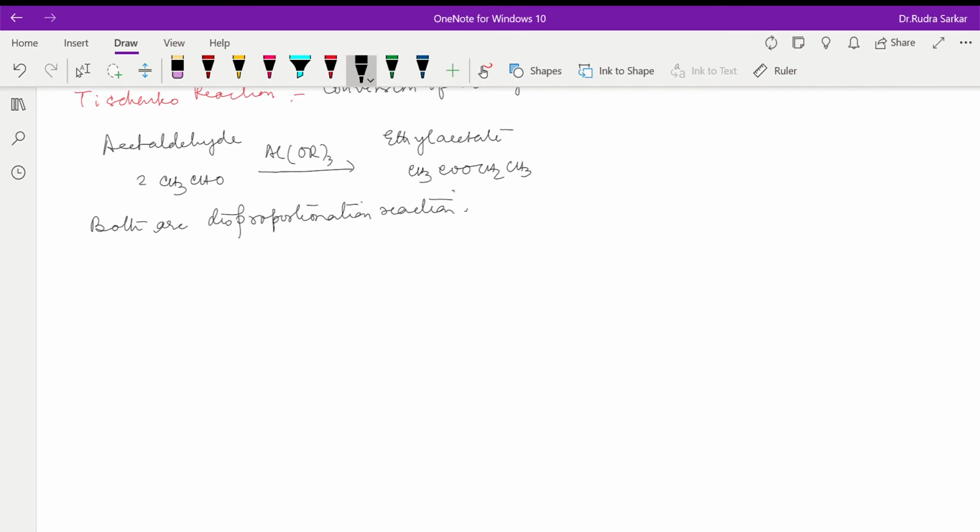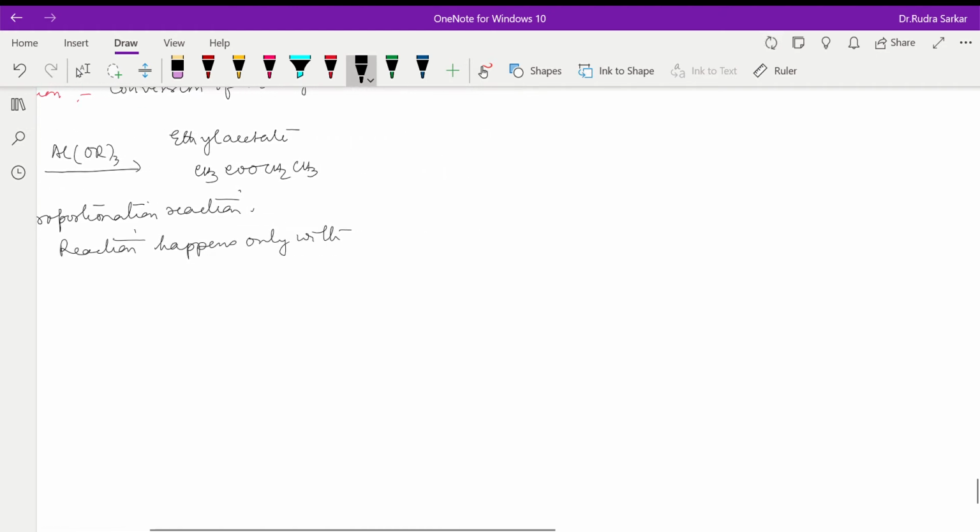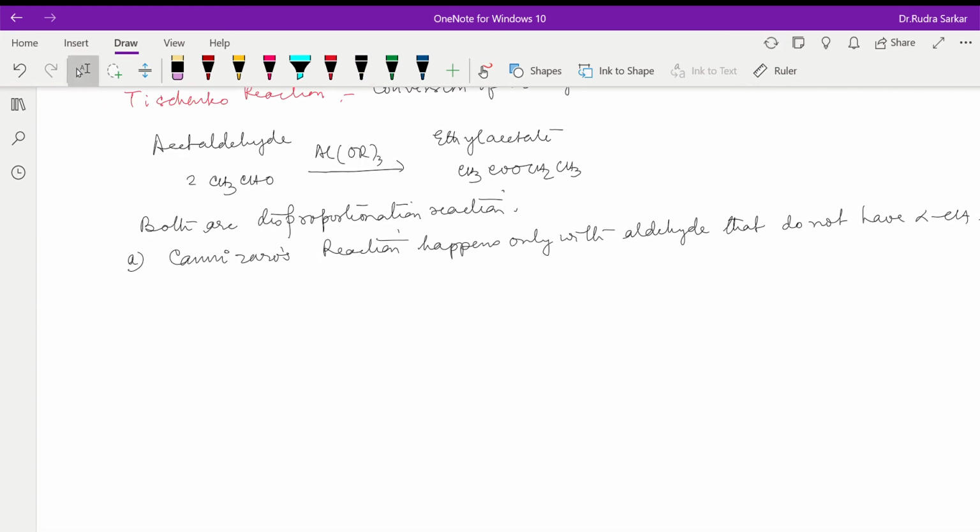However, there are some basic differences, like Cannizzaro reaction happens only with aldehydes that do not have alpha CH. Okay.